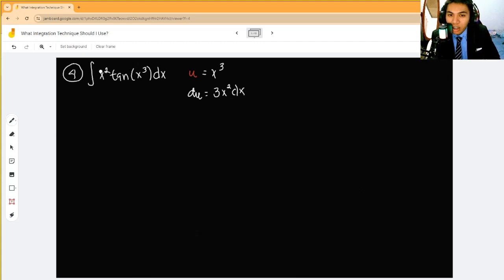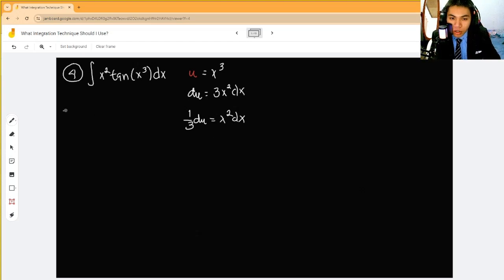Since we have an x squared there, we can multiply both sides by 1/3, so 1/3 du would be equal to x squared dx, since the 3 will cancel on this side.